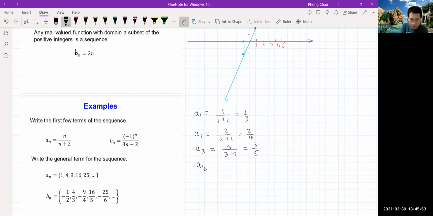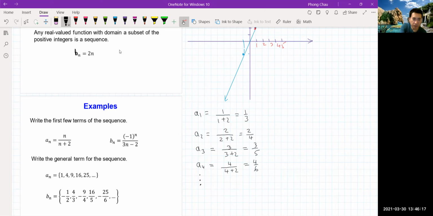Then we have the fourth term, which is 4 over 4 plus 2. That is 4/6, right? So you see, we can write down all the terms if we want, but we can continue, okay? And that's for a sub n.